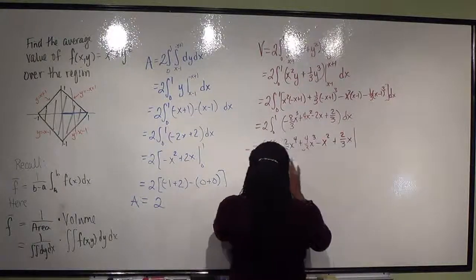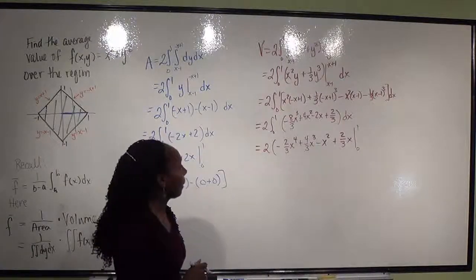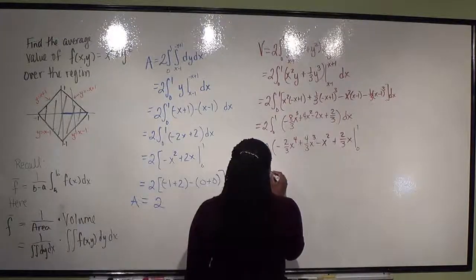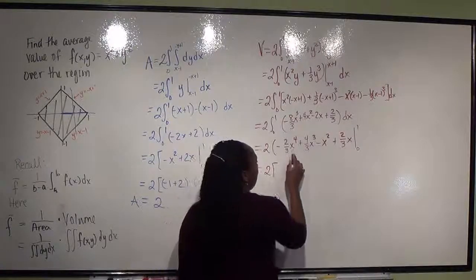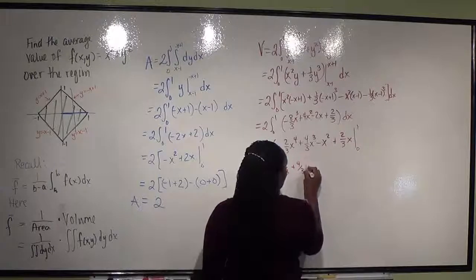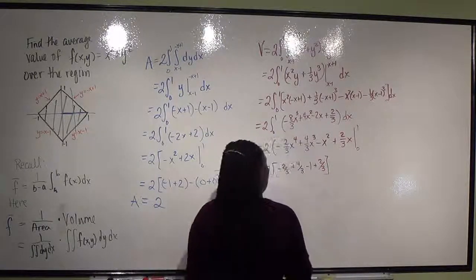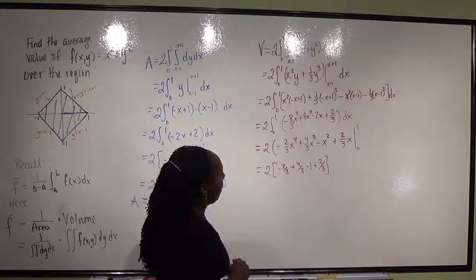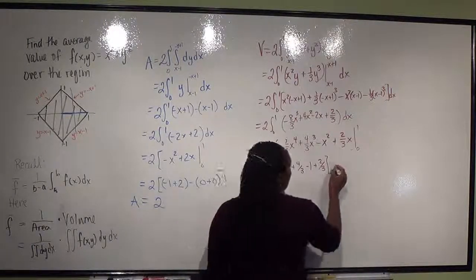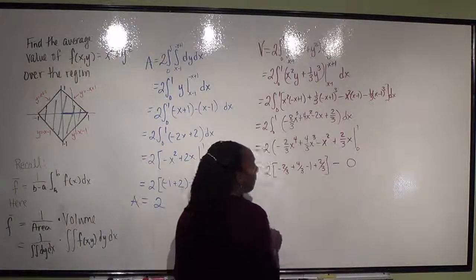And again, all of that is multiplied by 2 and evaluated from 0 to 1. So at our upper limit, we'll have 2 times negative 2/3 plus 4/3 minus 1 plus 2/3. At our lower limit, subtracting, notice everything there is going to go to 0.